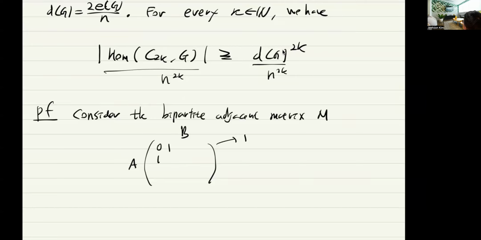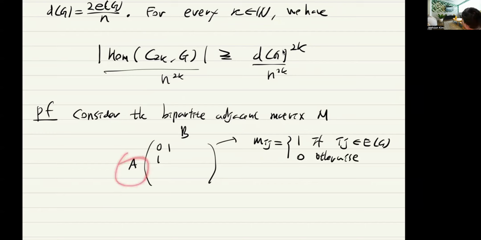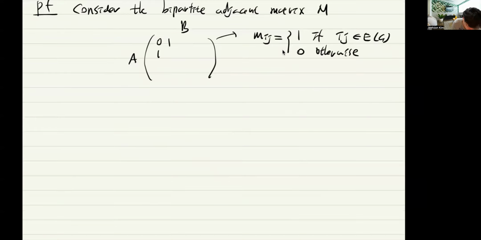So let's say M_ij is 1 if ij is an edge in G, 0 otherwise, where i is the vertex in A and j is the vertex in B.